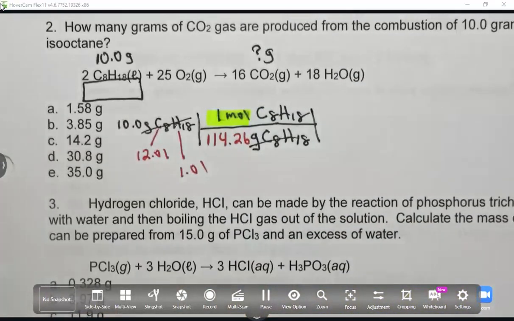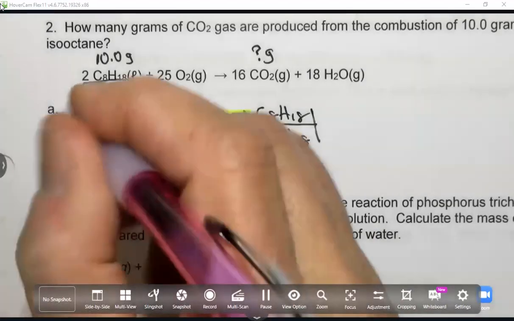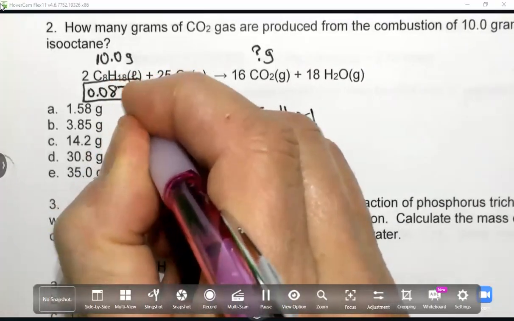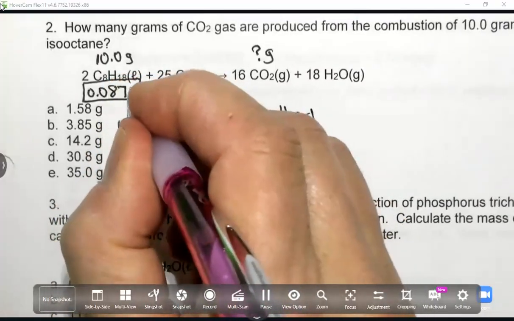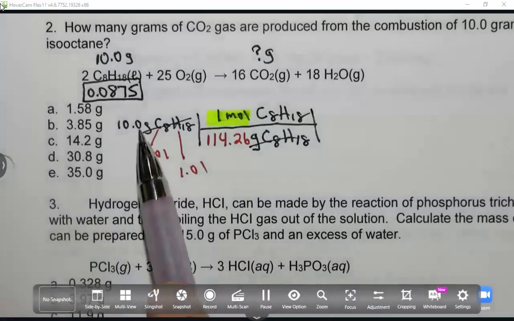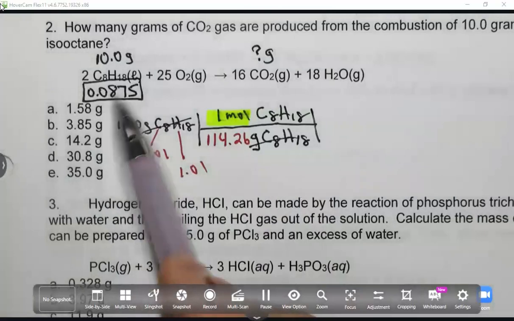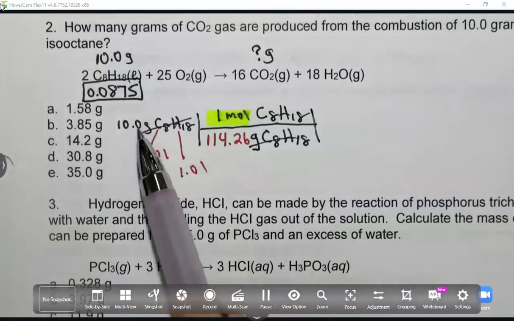So there's nothing different. 1 mole. So when I divide this out, I'm going to have 10 divided by 114.26, and I get 0.0875 moles. 10 grams is 3 sig figs. I've got 5 sig figs, so I'm keeping 3 sig figs here from what I started out with.